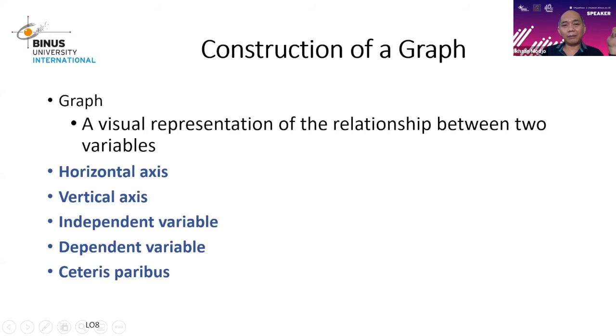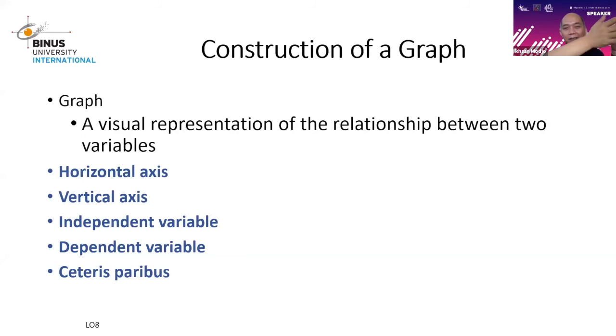So there are 2 important things: the first is visual representation and the second is relation. So a graph is always going to show you how one variable, because there are 2 variables, relates to the other variable.